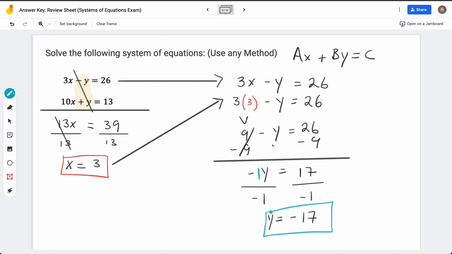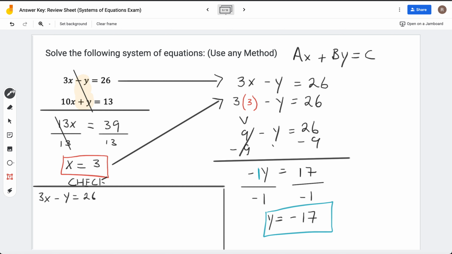Now, sometimes we can just say, okay, we found x, we found y, we should move on. But are you sure your answer is correct? What you want to make sure that you do is check your answer. We're going to do that by plugging in to both equations. So let's do the first one. 3x minus y is equal to 26.